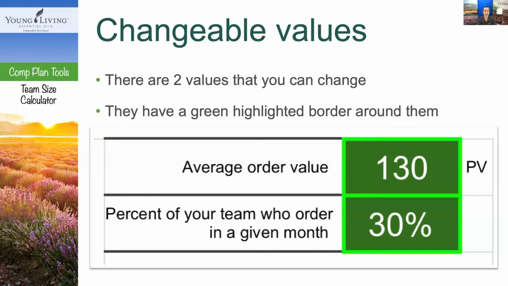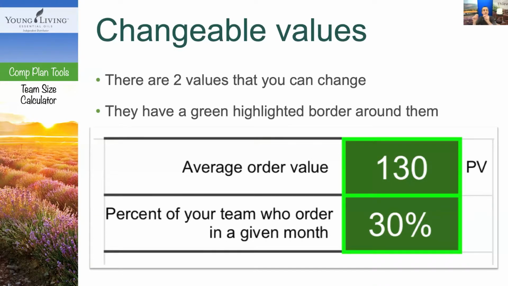The first value there is the average order value. And you can see in this example, I've got 130 entered there. Now it's really good for you to know what your average order value is in your team. What you can do is have a look at the last, say, 6 months in your team and write down for each month what the average order value was in that particular month.